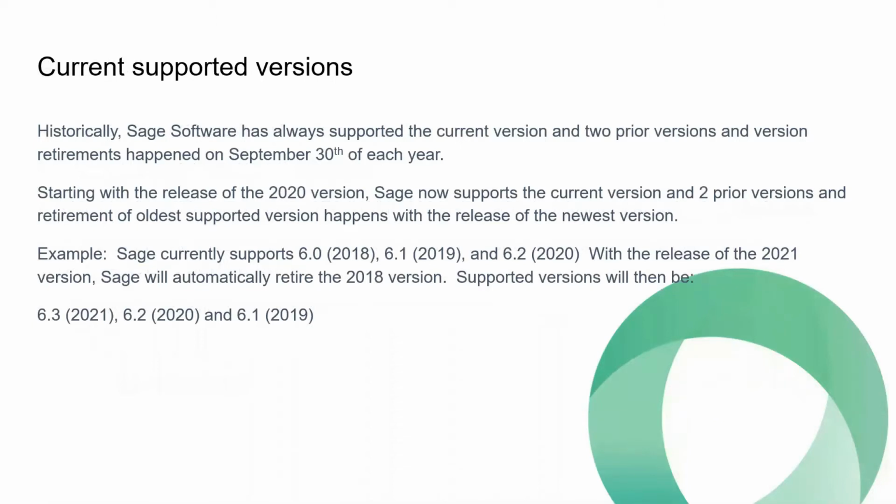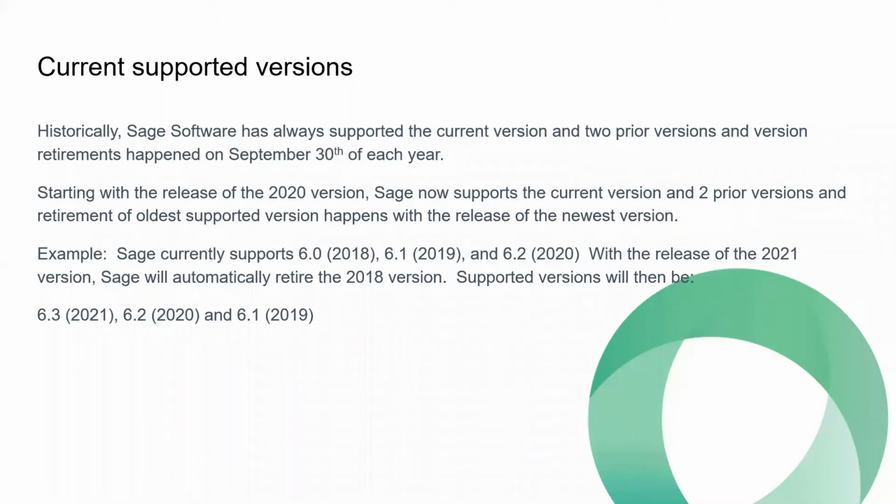Sage has changed how they retire versions, and they started that, I believe, in 2020. Historically, Sage has always supported whatever the current version is and 2 prior versions. When a new version was released, the oldest version's support dropped off on September 30th of that year.